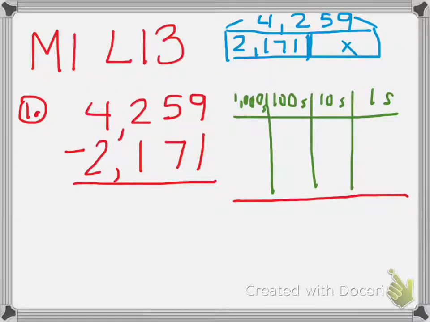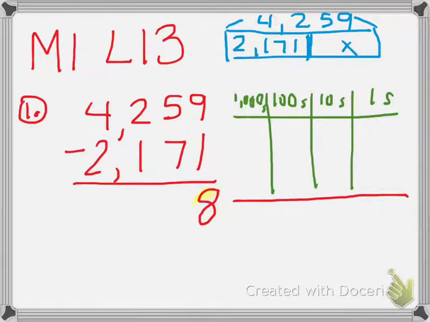All right, we're going to start with our ones place. So we can do 9 take away 1, and we can do that because the 9 is the bigger number. We're going to get 8.